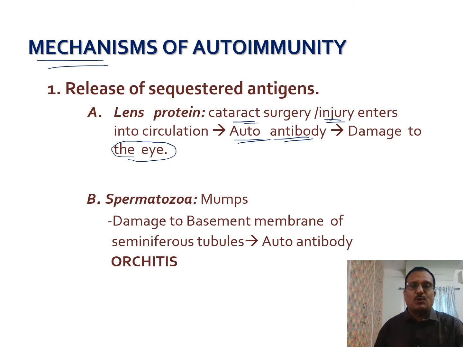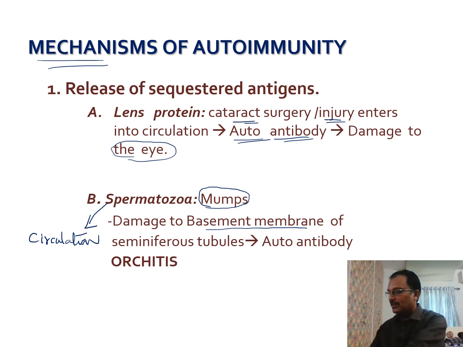Next one is spermatozoa. Usually the spermatozoa are present in the seminiferous tubules or seminal vesicles, but following a disease like mumps, a viral disease common in childhood, there is damage to the basement membrane of the seminiferous tubules. Once that happens, the spermatozoa are released into the circulation, and antibodies are produced against the spermatozoa.